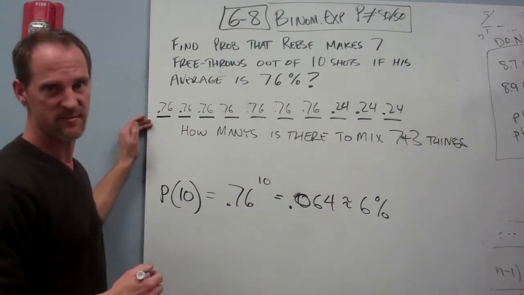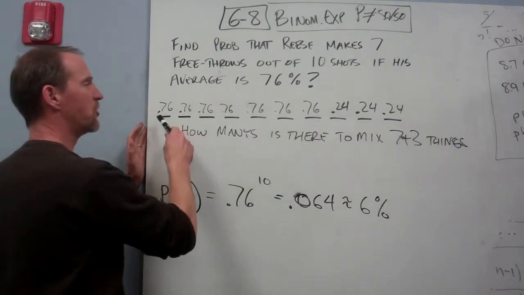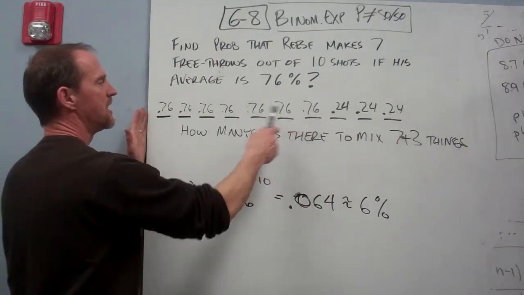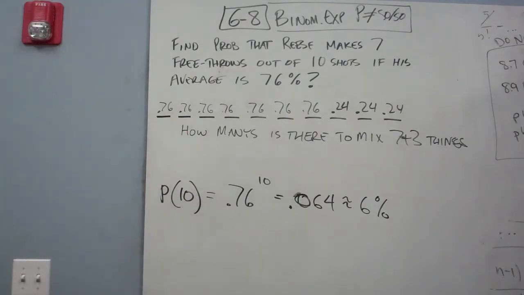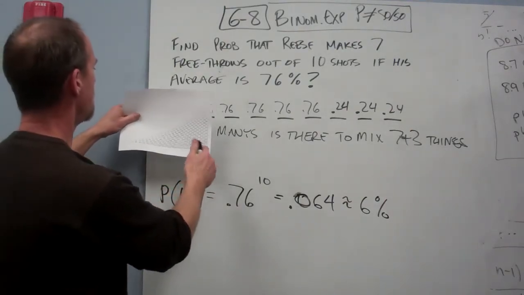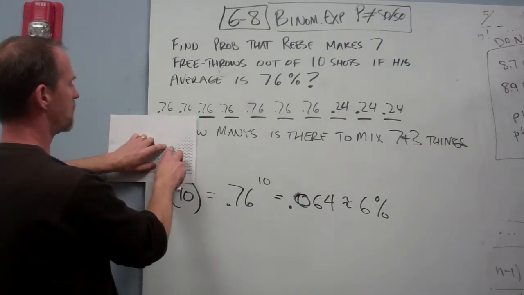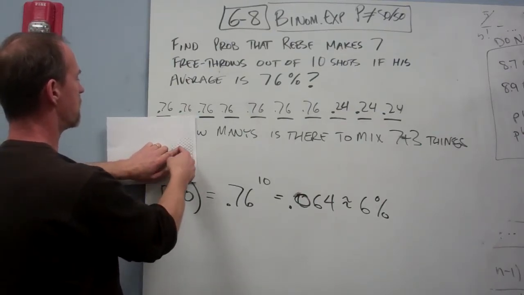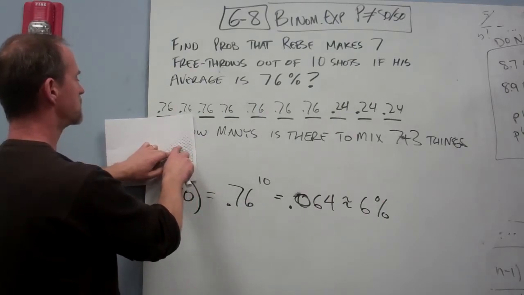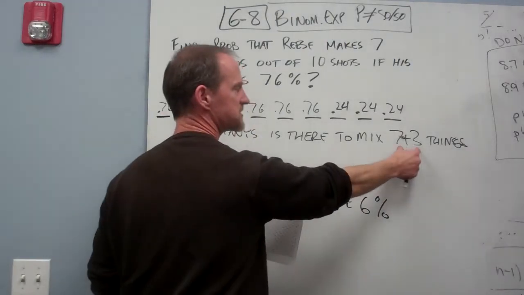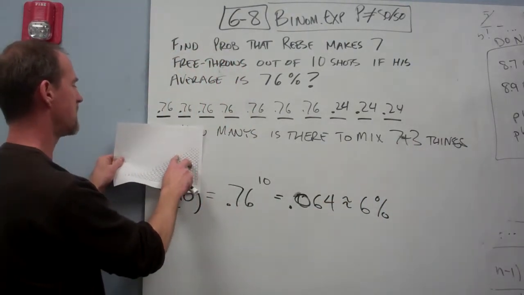Well, guess what? We're back to Pascal's triangle. There's a total of 10 things here, and I'm looking at 7 of them. And you go back to Pascal's triangle, which I have right here, and I go down to row 10, and I'm counting in from 0 things, 1, 2, 3, 4, 5, 6, 7, and I'm at 120. Counting in 7 is the same as counting in 3 because of the symmetry, so I just counted in 3.